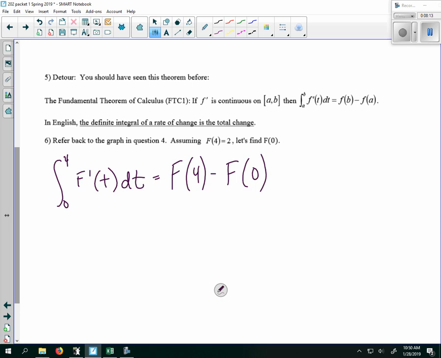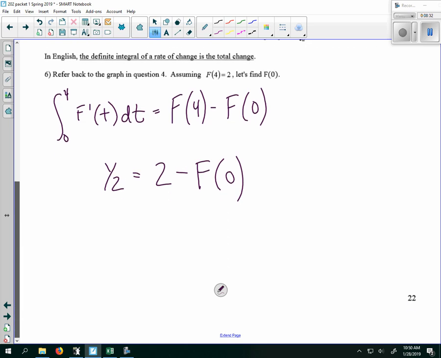So I know this integral because I just calculated it. What was it? 1/2, yep. F of 4, they told me, was 2. And I would like to know what f of 0 is. So I used the fundamental theorem equation to solve for it. So I get f of 0 is 2 minus 1/2 is 1 1/2.